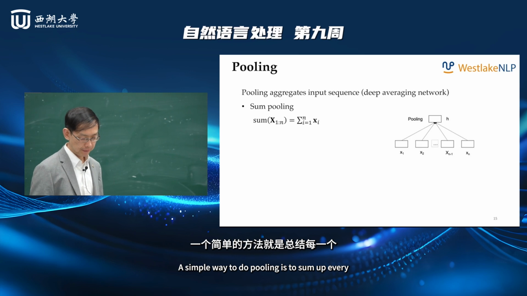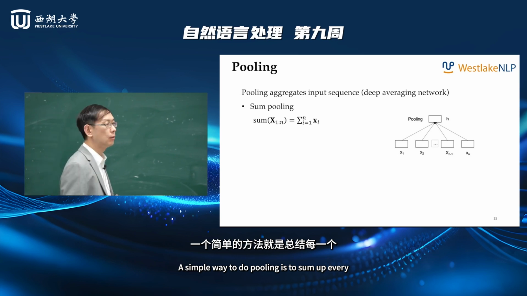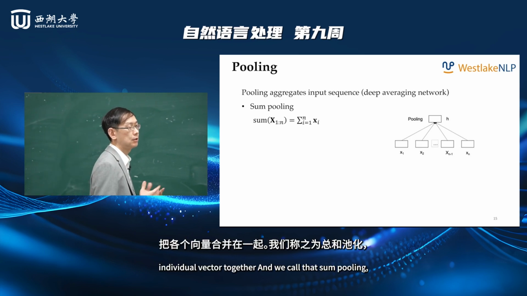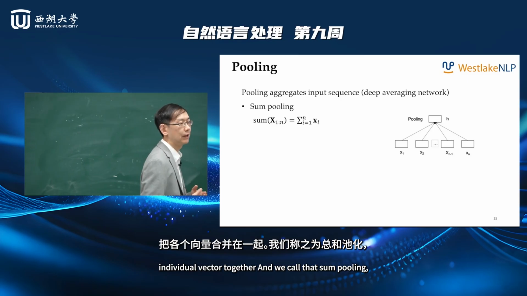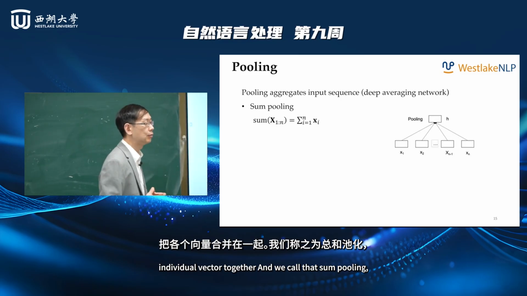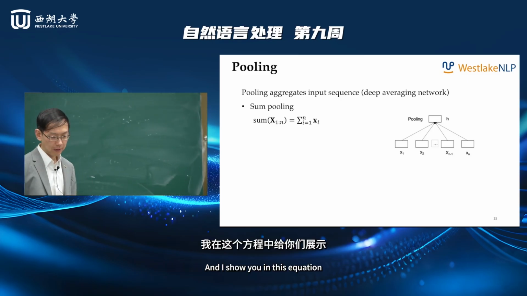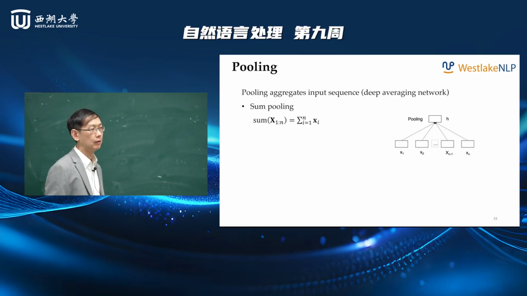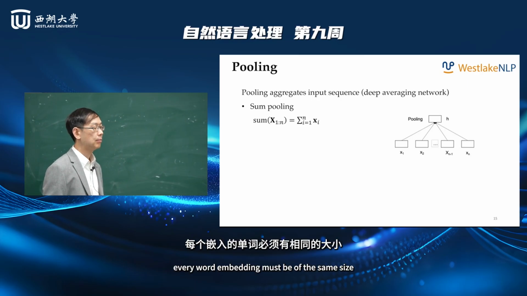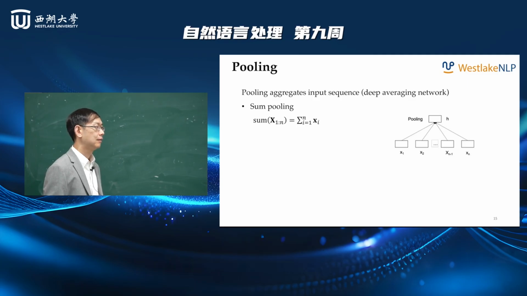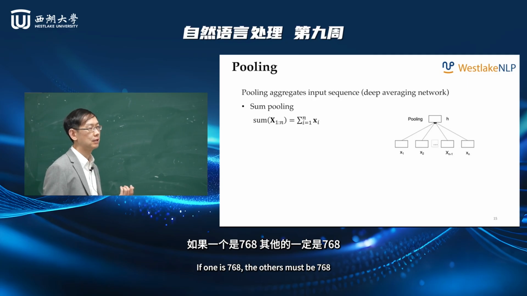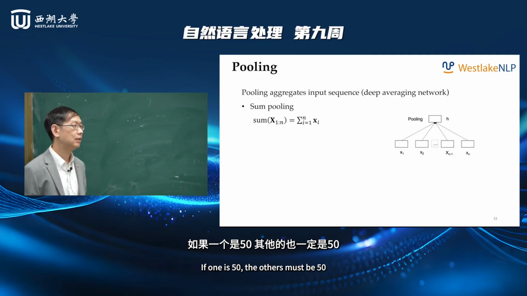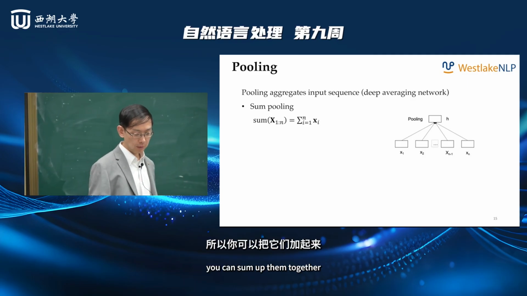A simple way to do pooling is to sum up every individual vector together, and we call that sum pooling. I show you in this equation. Every word embedding must be of the same size. If one is 768, the others must be 768. If one is 50, the others must be 50. So you can sum them up together.